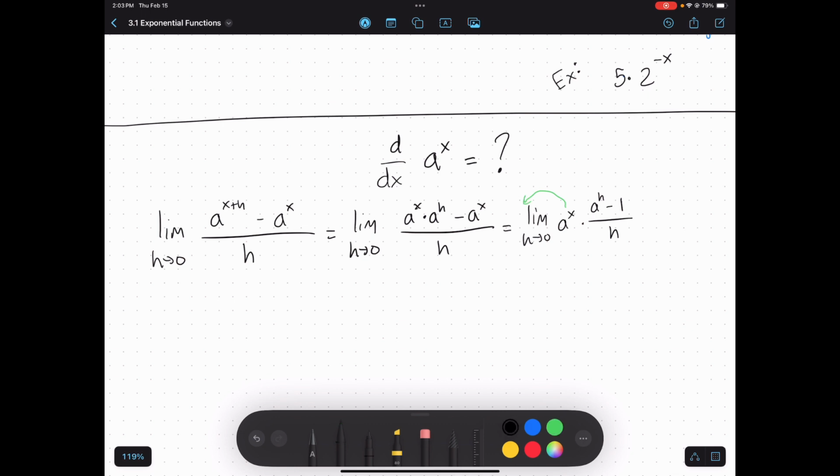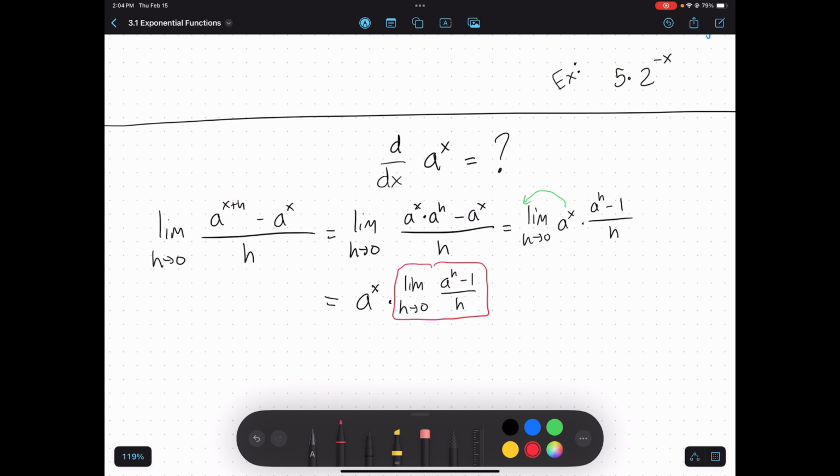Well, what does this tell me? This tells me that my derivative is equal to a to the x times this limit as h approaches 0 of a to the h minus 1 over h. Well, notice this piece right here doesn't involve x at all. It's completely in terms of h.